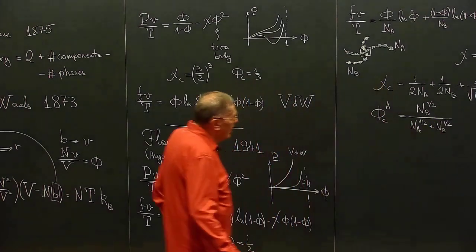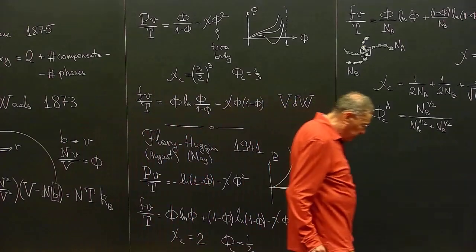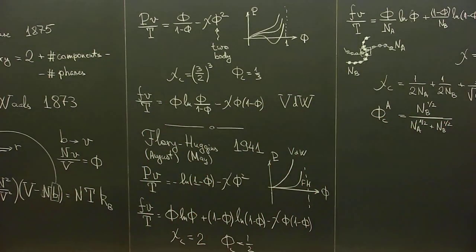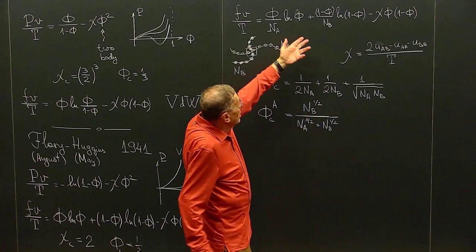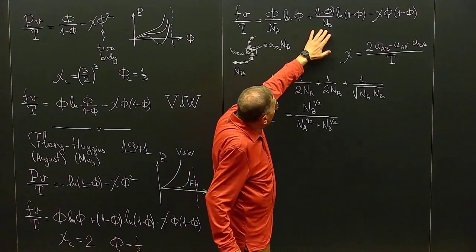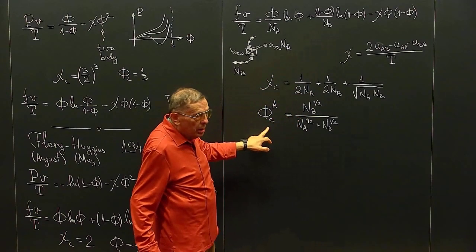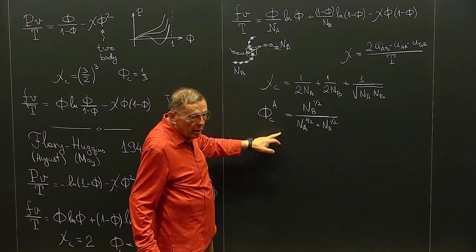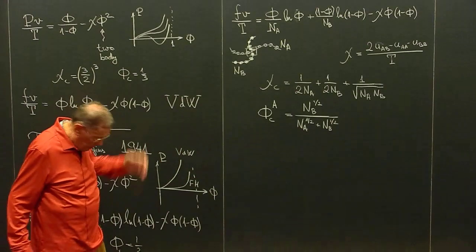Okay? So, for instance, if one of the polymers is very long and another is short, for instance, if NB is 1, then phi critical is 1 over square root of n, basically. Okay?